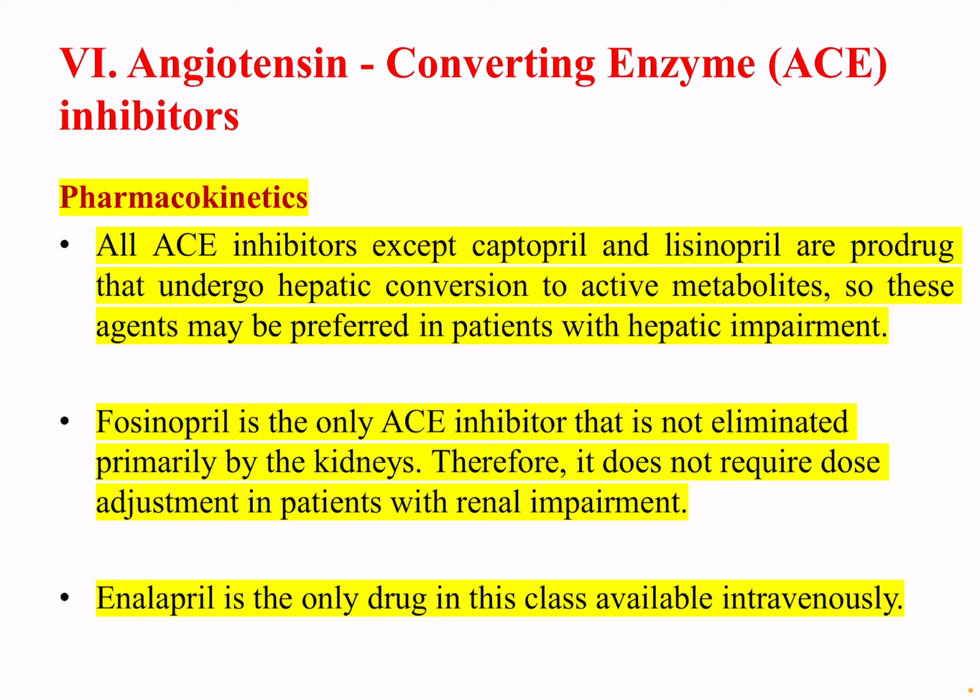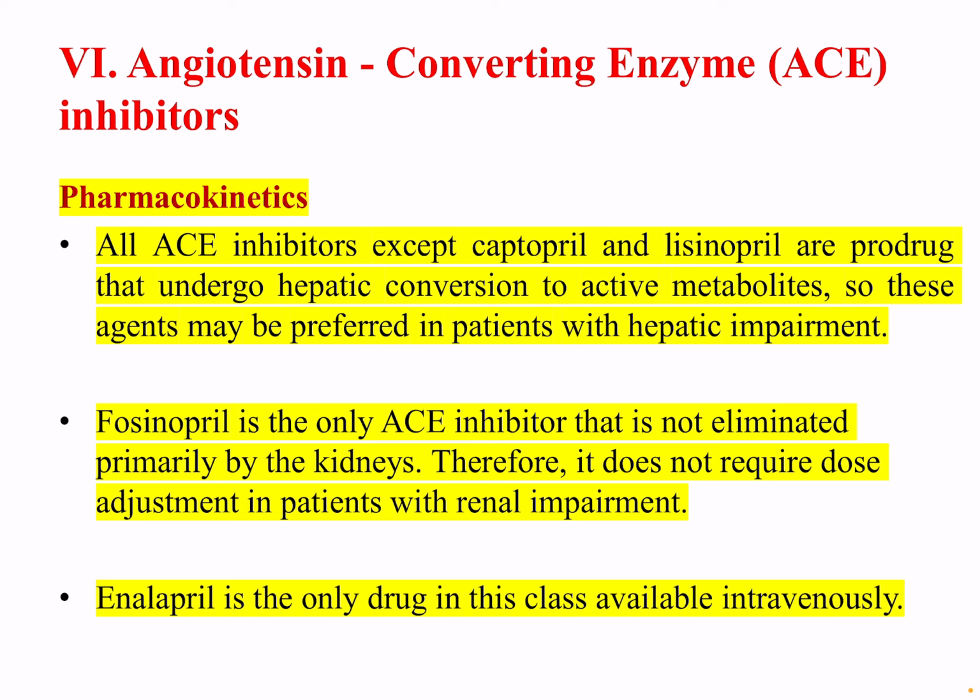Then the next category of drug we have is angiotensin receptor blockers. As I told you, these angiotensin receptor blockers block the action of angiotensin 2 more completely than the ACE inhibitors. A once daily dose is enough. Losartan and all ARBs, the drugs end with sartan.